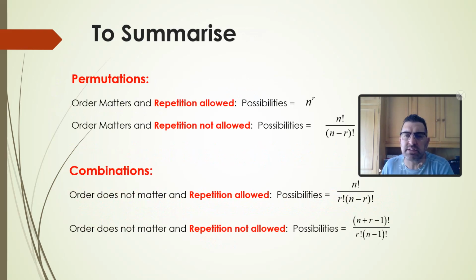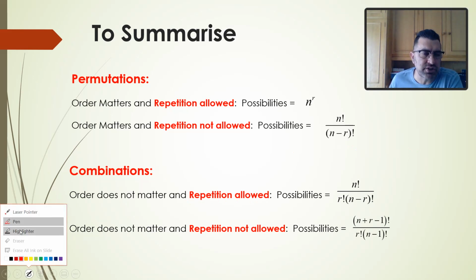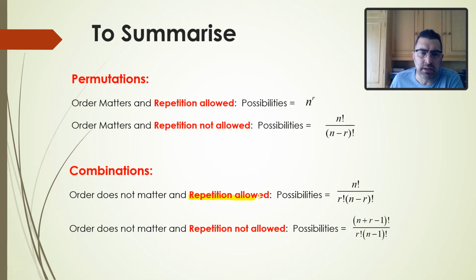Okay, and folks, there's your summary of everything that we've discussed in the second lesson. Please note, if repetition is allowed and repetition is not allowed, there are 2 different things happening. For a combination, if repetition is allowed, that's the formula that we spoke about.